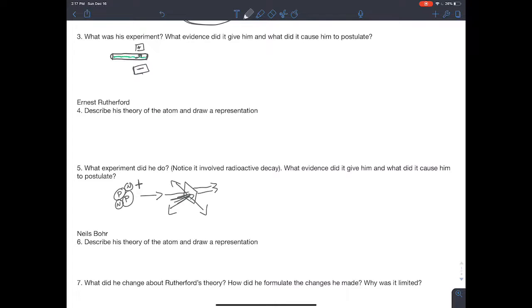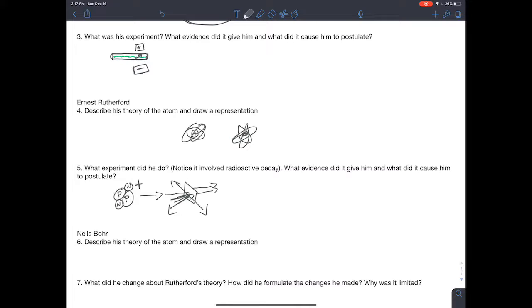So he decided that the atom was mostly empty space with a densely packed, positively charged nucleus and electrons orbiting around it. Okay? That was horrible. Like a Jimmy Neutron atom. So whoop, whoop, whoop. Okay, that's a little bit better.